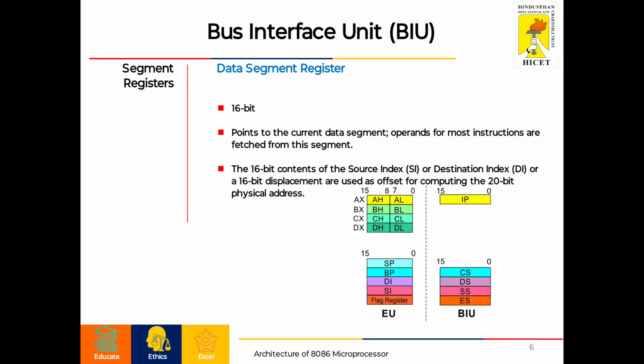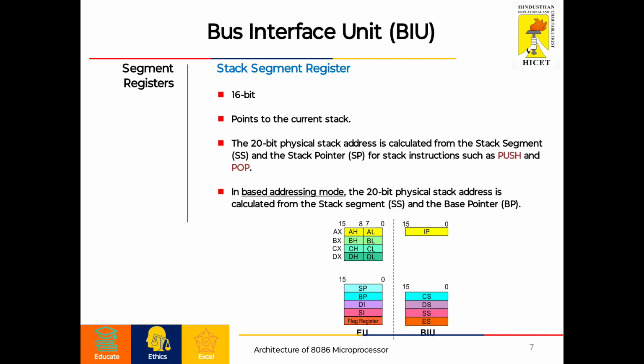Next one is the data segment. This data segment register calculates the physical address by taking the 16-bit content of the source index register or destination index register or a 16-bit displacement value, so it will calculate the 20-bit physical address. Next is the stack segment register. Here the 20-bit physical address is calculated from the stack segment and stack pointer for instructions such as push and pop.